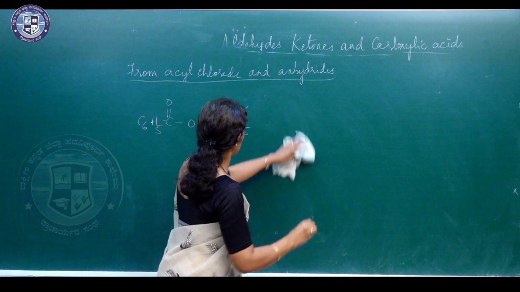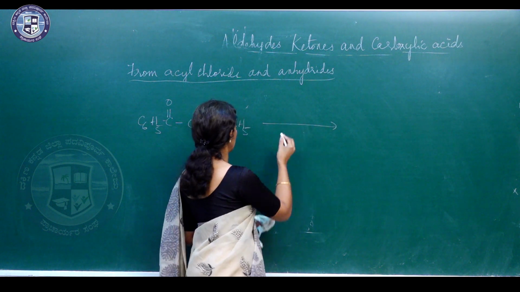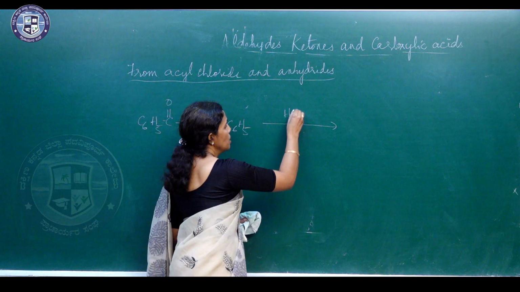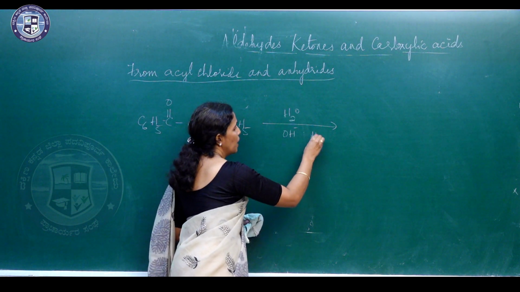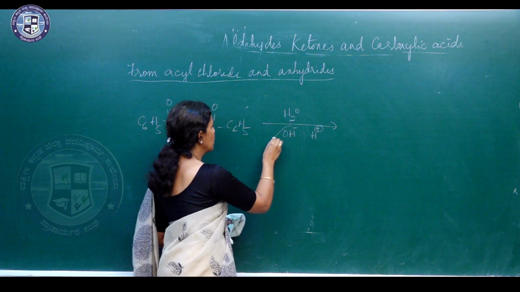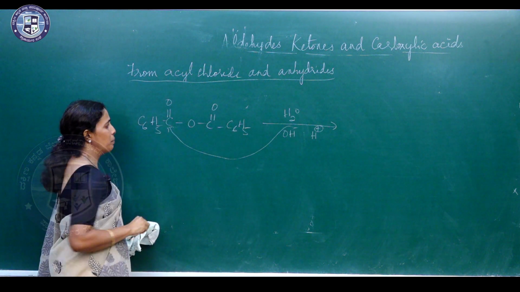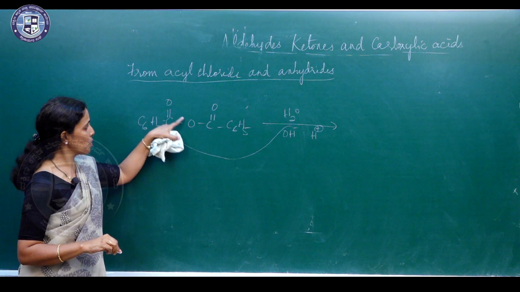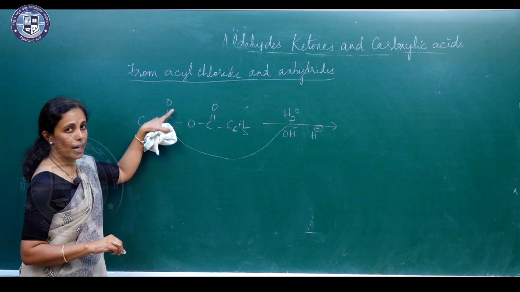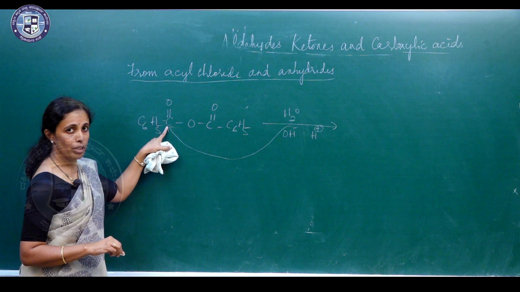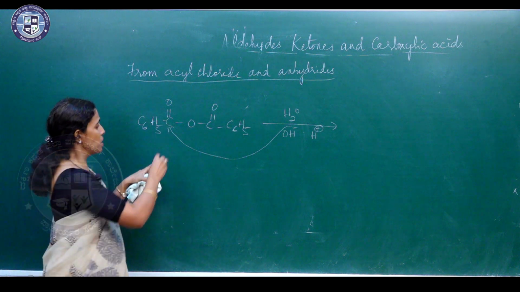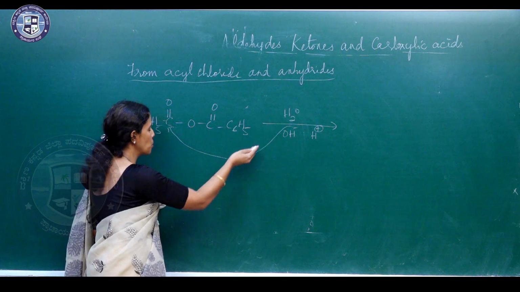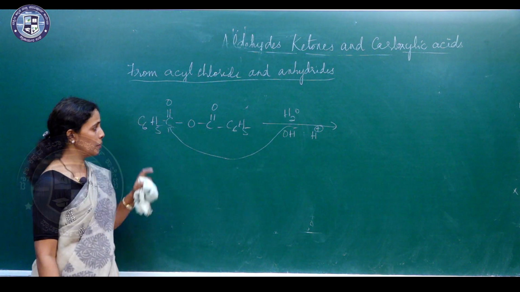On subjecting this to hydrolysis, hydrolysis is again the addition of water. Water has OH minus as well as H plus in it. So, this OH minus is going to link to this carbon atom. This carbon atom has 2 oxygen atoms on either side of it, and they are highly electronegative. So, this will have electrophilic character, a partial positive charge, which is why the OH group will attack this carbon atom.